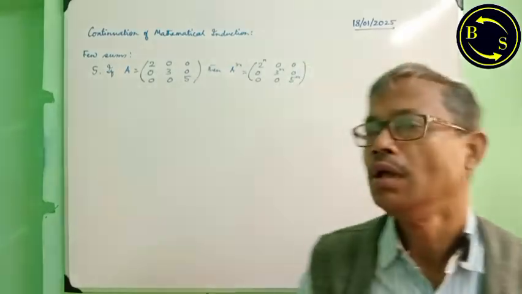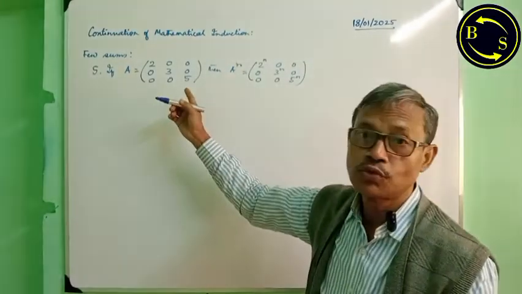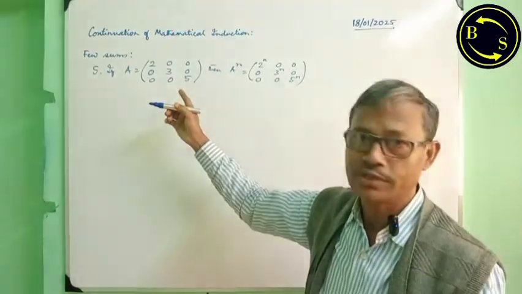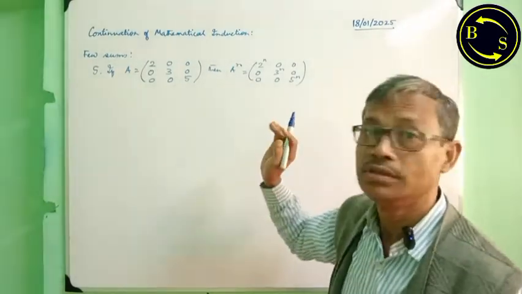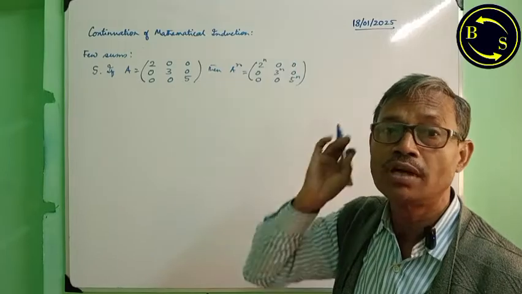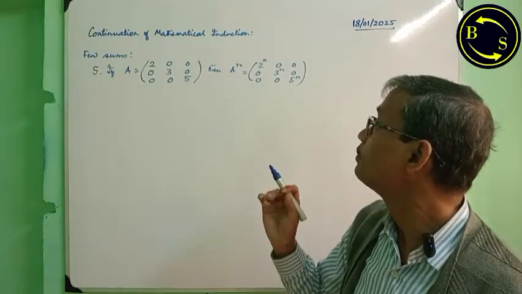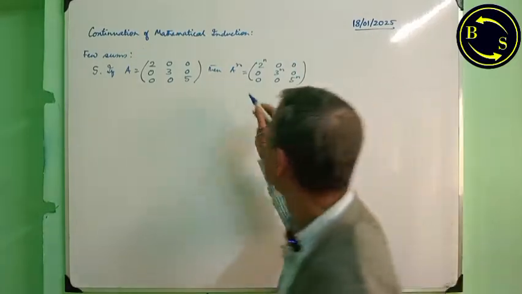Sum: A is a square matrix, third order square matrix rather, then A to the power n is this one. In this case also we have to start taking the least value n equal to 2.